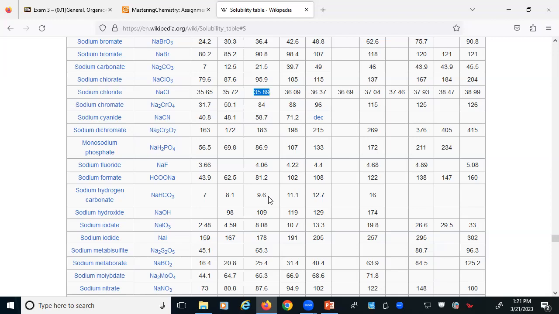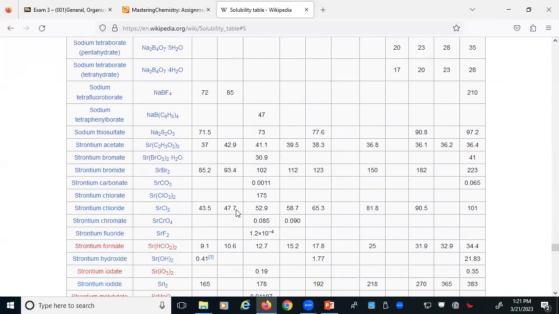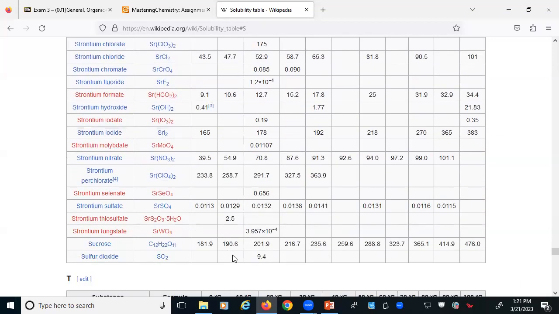So different substances do have different solubilities. Sucrose, on the other hand, I mean, that's a lot. 201.9 grams per 100. Technically speaking, you can add sucrose until it becomes the solvent.